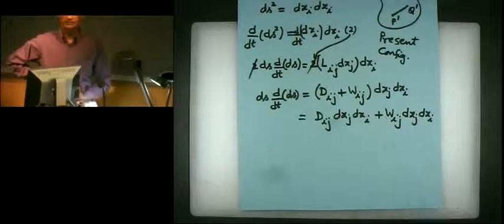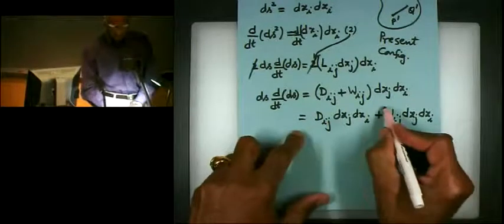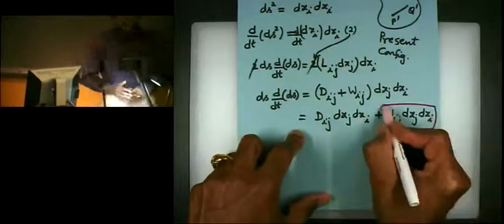Wij equals minus Wji because it's skew symmetric. So what is this quantity equal to then? Wij is skew symmetric.